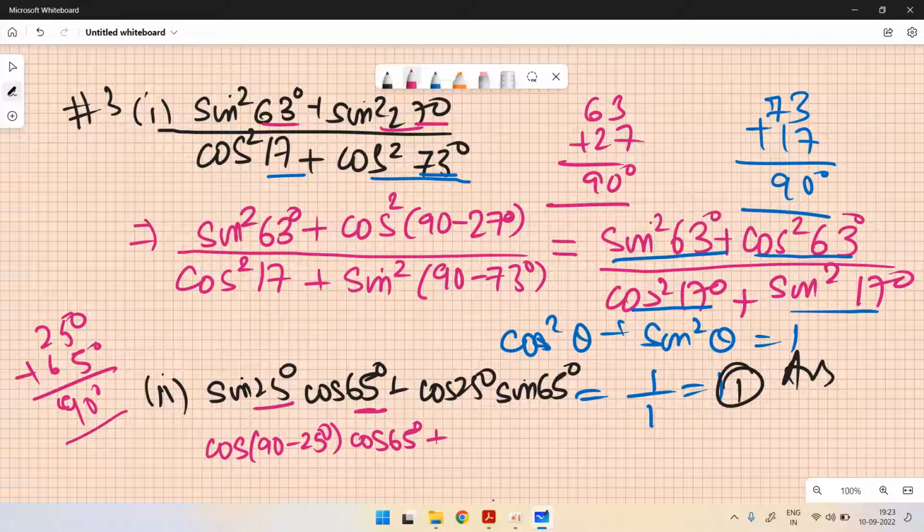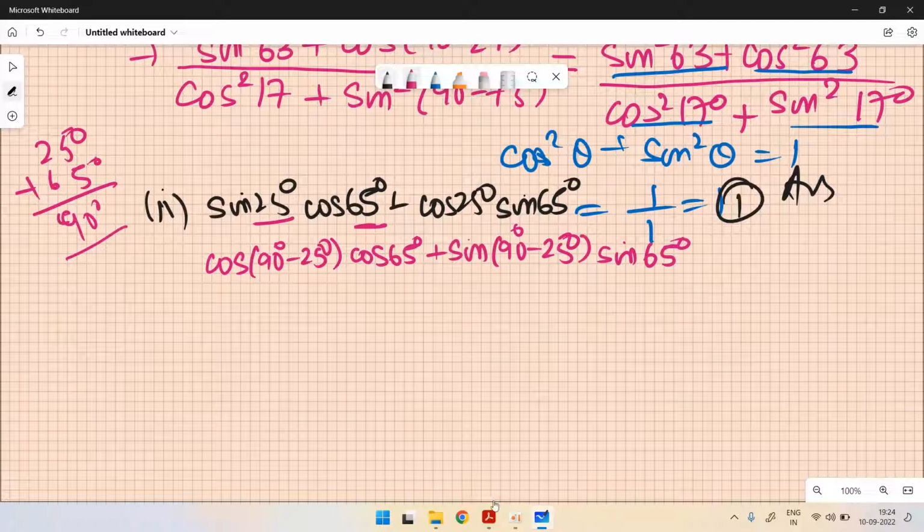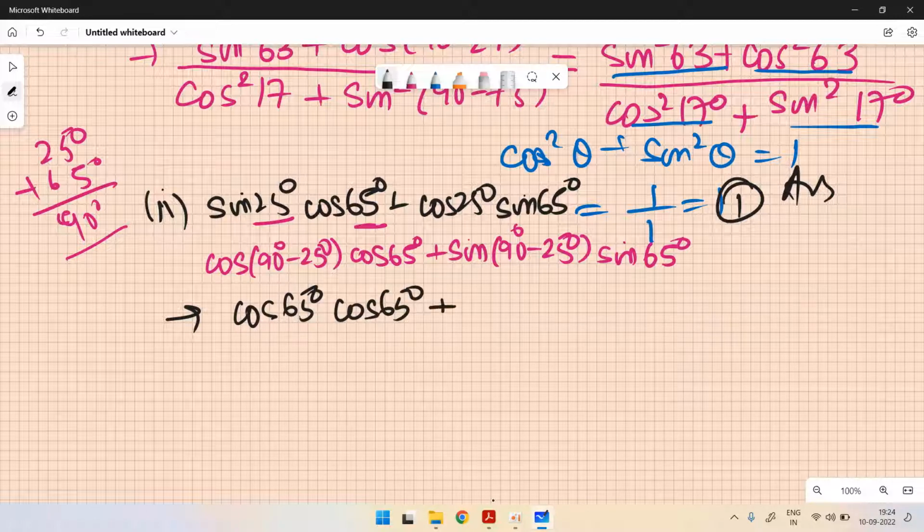And in place of cos 25, I will write sine of 90 minus 25 degree, and sine 65 remains. So in the final expression, cos of 90 minus 25 is cos 65 degree, into cos of 65 degree, plus sine of 90 minus 25, which is sine 65 degree, into sine 65 degree.